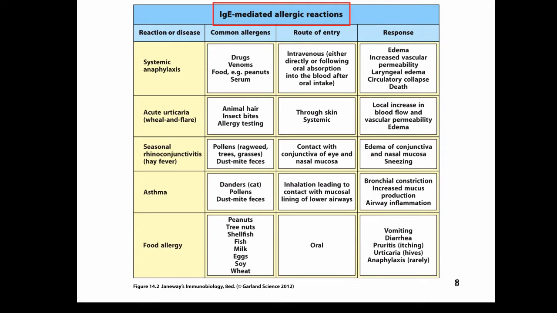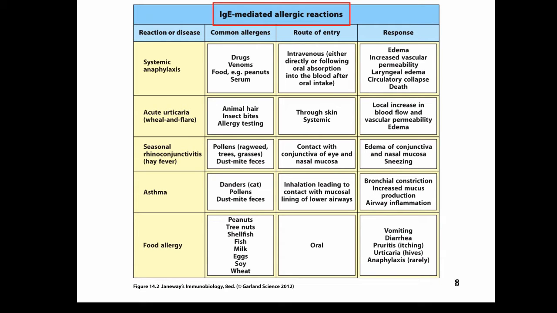Those of us who have seasonal allergies in the fall because of ragweed pollen are familiar with what seasonal rhinoconjunctivitis is like, and that involves an inflammatory response of the upper respiratory tract, the eyes and the nasal mucosa. Some of us also are familiar with asthma, which is often an allergic inflammatory response associated with the lung, often triggered by common allergens. It involves lung inflammation and bronchial constriction and mucus production.